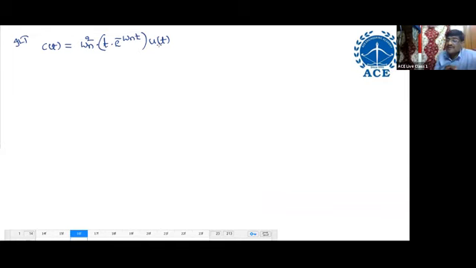Now draw the response of t e power minus t. How to draw the response? I already explained in the basics. Ramp signal, product with exponential decay. You should be perfect in basics; you should read 3-4 times. What is the response?